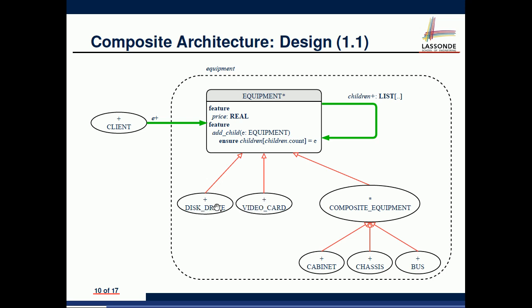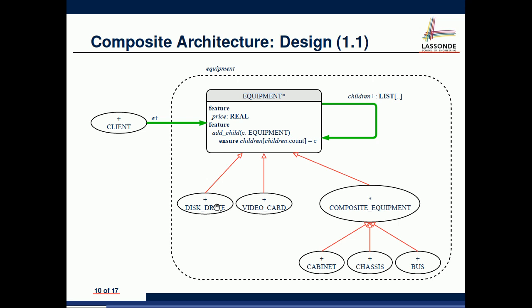That wouldn't make sense. That's how you argue that the first design attempt is not the way to go, because you can have some very unrealistic scenarios happening in your system. Any question about this design? Okay. And then what we did was introduce the composite pattern.